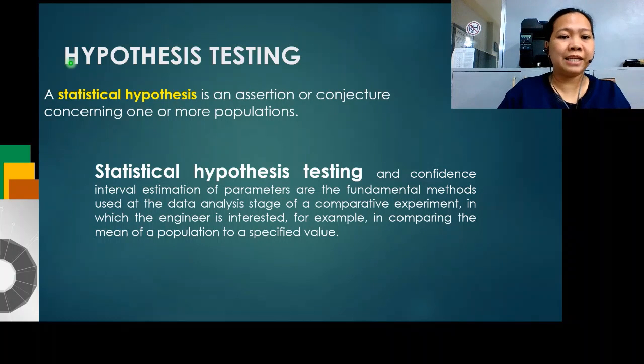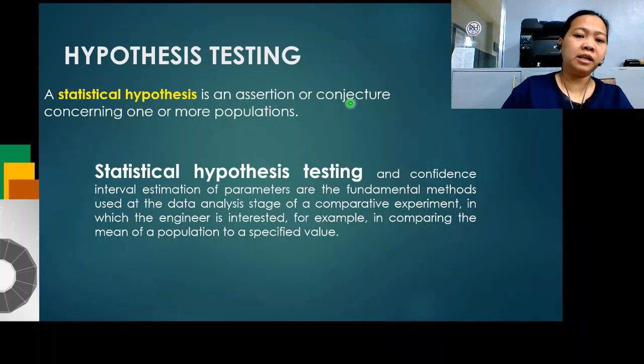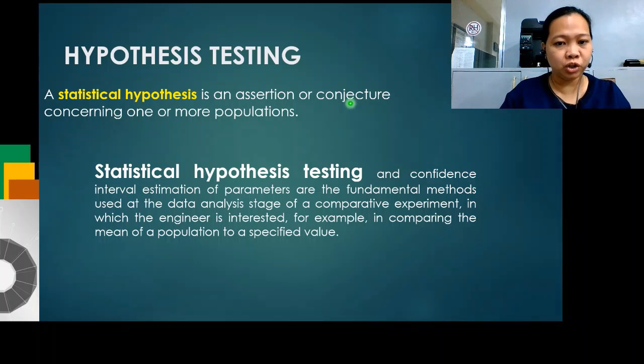Hypothesis testing, the basic definition, is an assertion or a conjecture concerning one or more populations. In our example, the friends and the community are the population. Then our assertion or conjecture is that the mean age of our group of friends is 50.